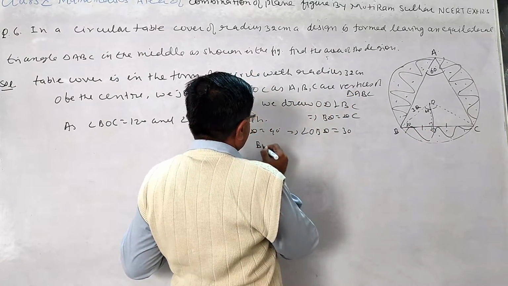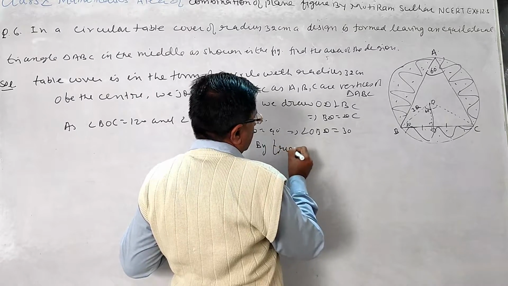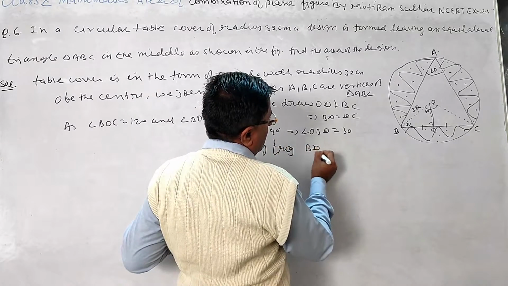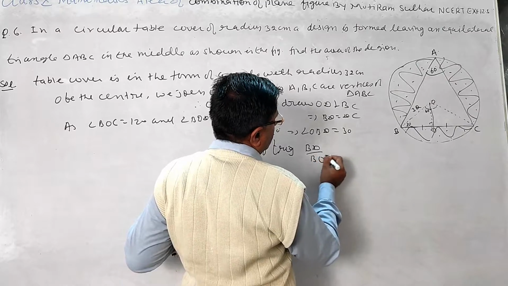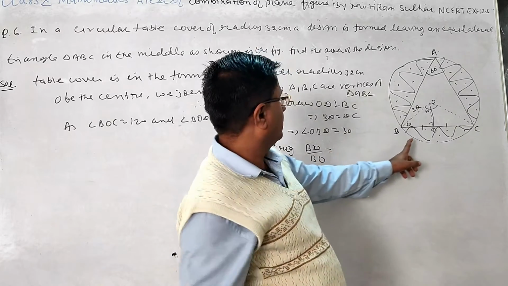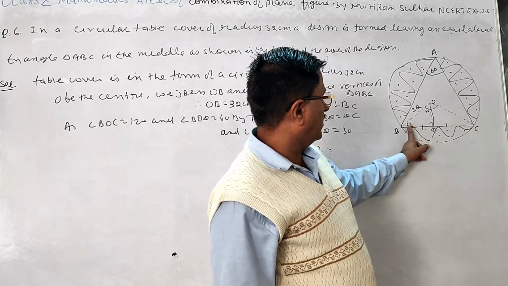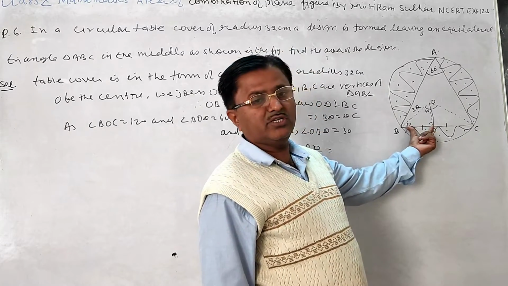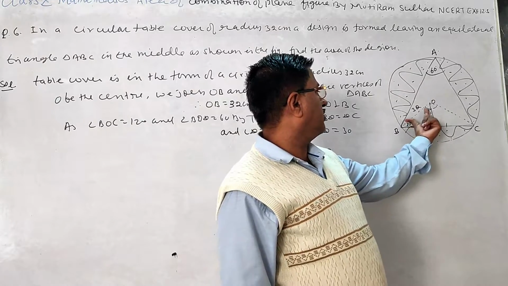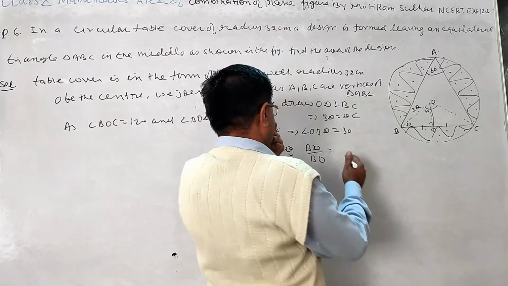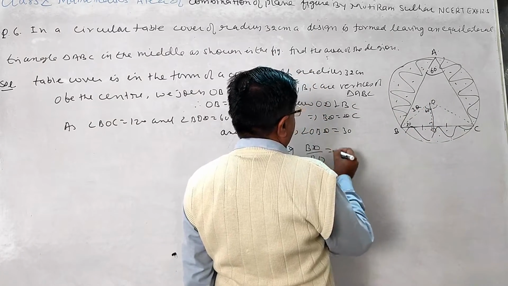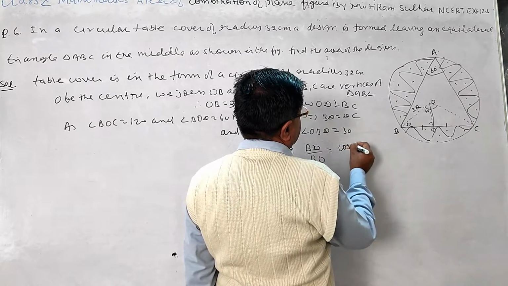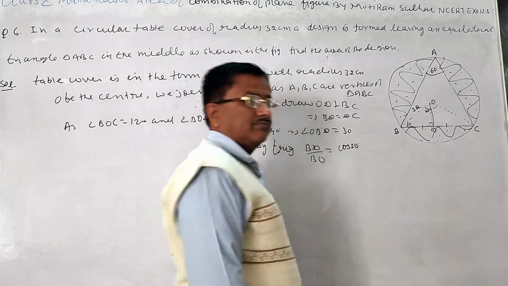So BD upon BO: this angle we are considering 30 degree, this is 90, so considering the angle, the side is the base. So base upon hypotenuse, BD upon BO, that is cos 30.